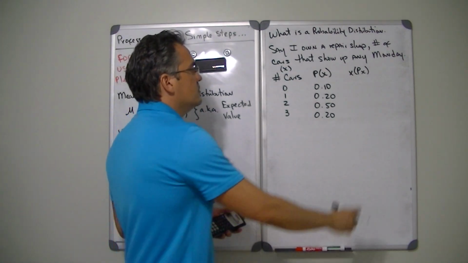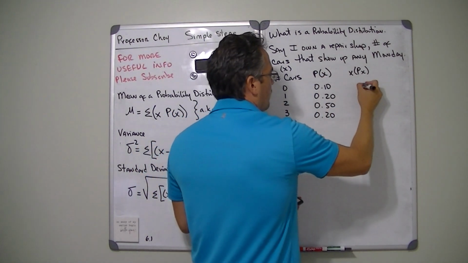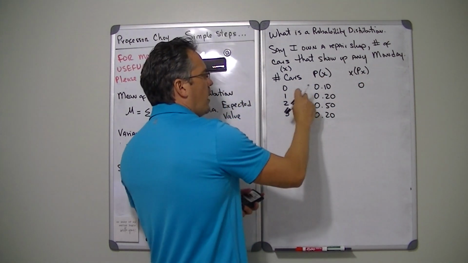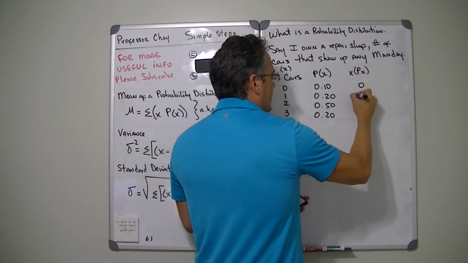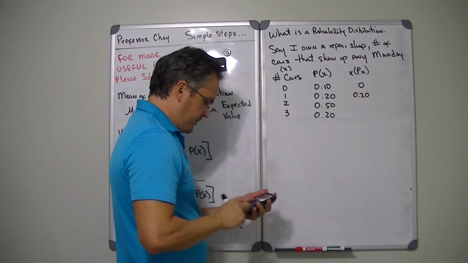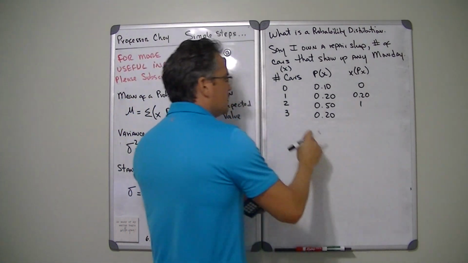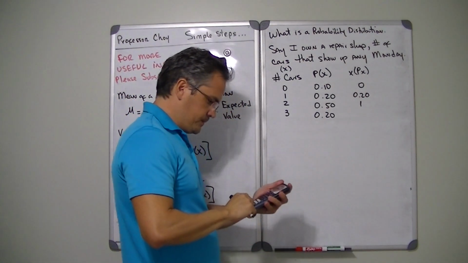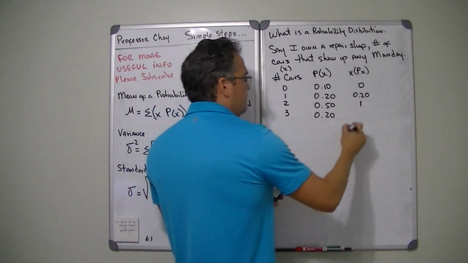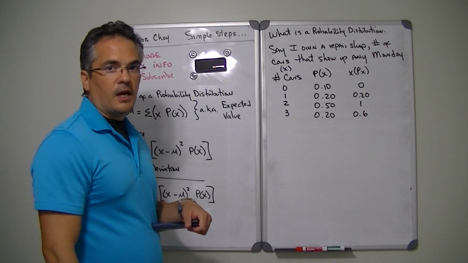Alright? So let's do x times p of x. I'm going to take 0 multiplied times 0.1, that's going to give me 0. 1 multiplied times 0.2, that's going to give me 0.20. 2 multiplied times 0.5, that's going to give me 1. 3 multiplied times 0.2, that's going to give me 0.6. Alright?